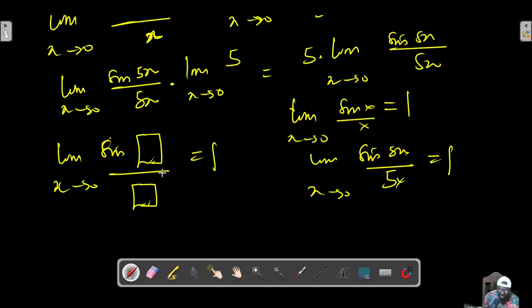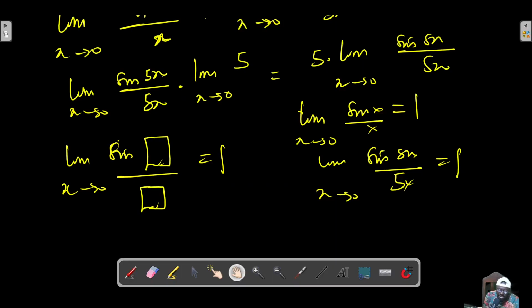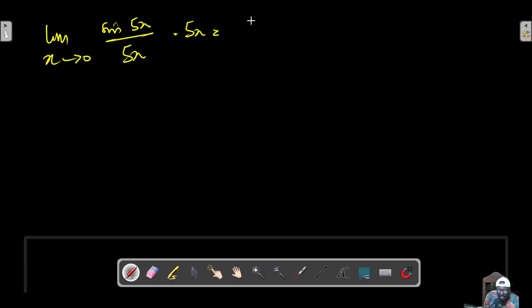So this is my box, this is my box. Sine 5x over 5x is equal to 1. Then the limit as x approaches 0 of sine 5x over 5x times 5 is equal to, since I know the limit of this is 1, 5 times 1.